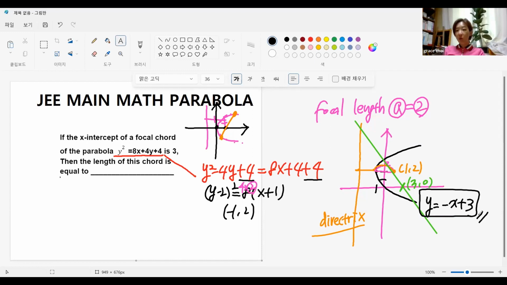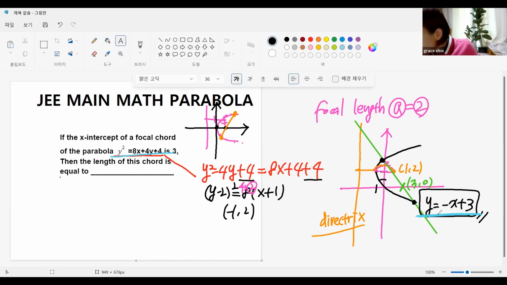So what is the next step? How about getting the extremities? You have a linear equation and you have the parabola equation, so you can get the 2 intersections.